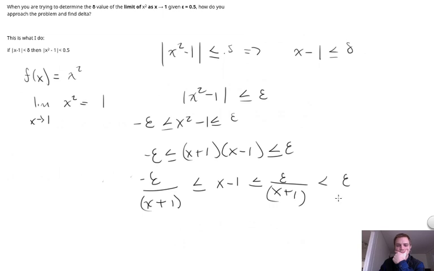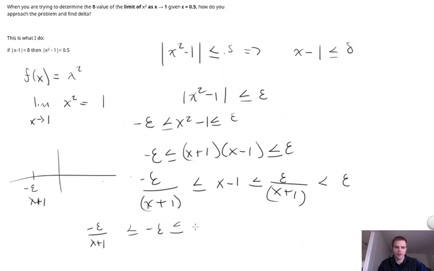But then on the negative side, we have epsilon divided by x plus 1. Yeah, that's true. That's still right. So this is negative epsilon, x equals 1, x minus 1.